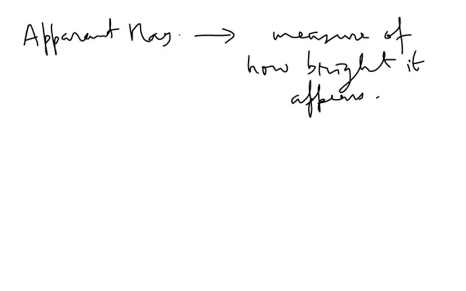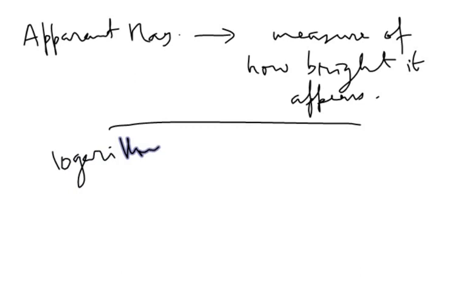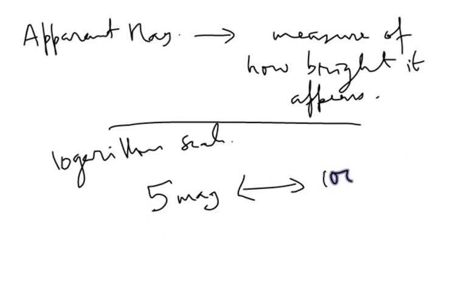So what do we want? We have to define a logarithmic scale such that a difference of 5 magnitudes is equivalent to a factor of 100 in brightness.